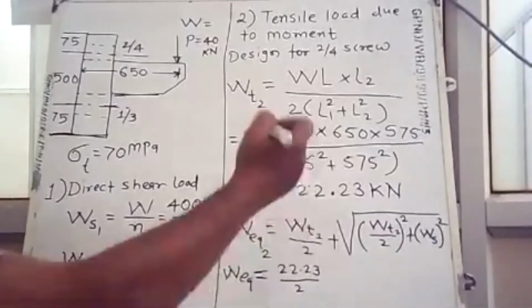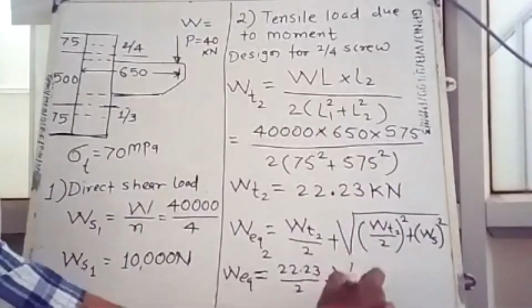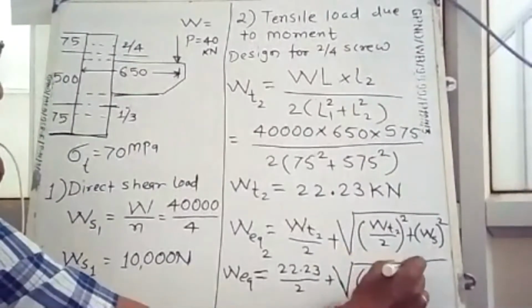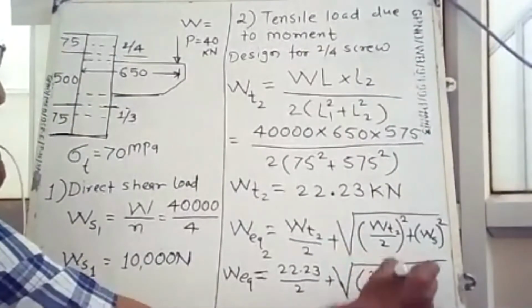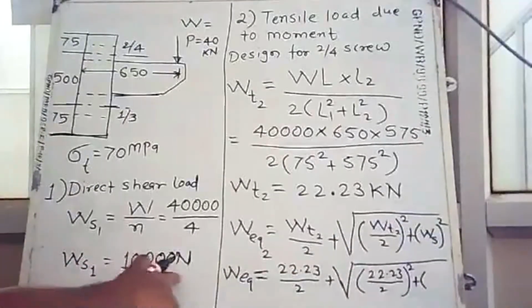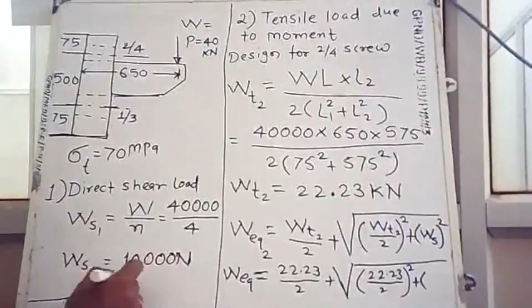I have taken here in kilonewtons, under root 22.23 divided by 2 square plus, now again I'll take 10,000 newton means 10 kilonewton.